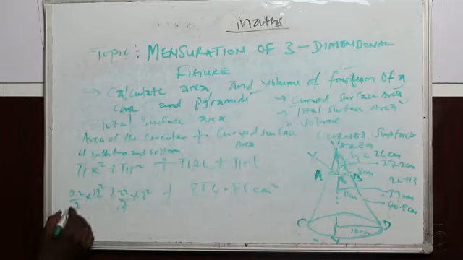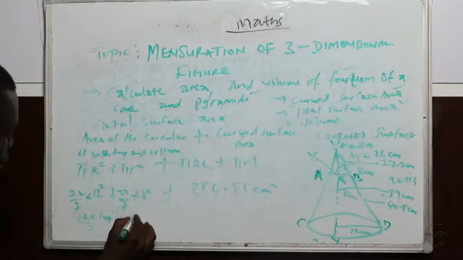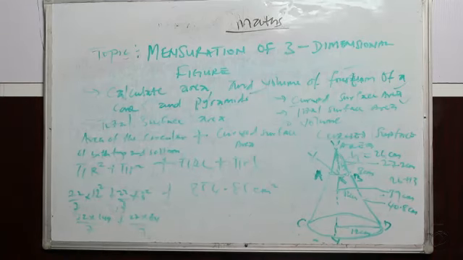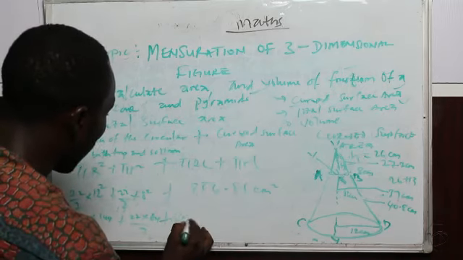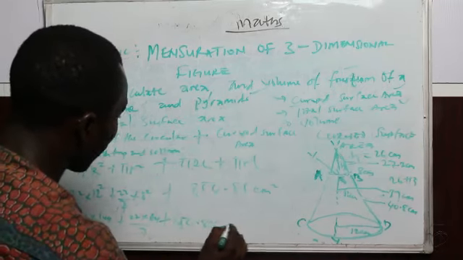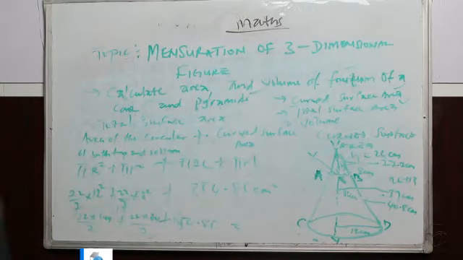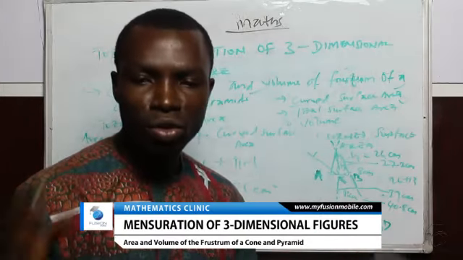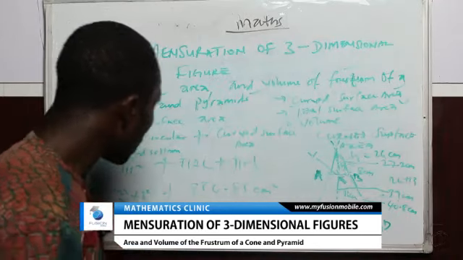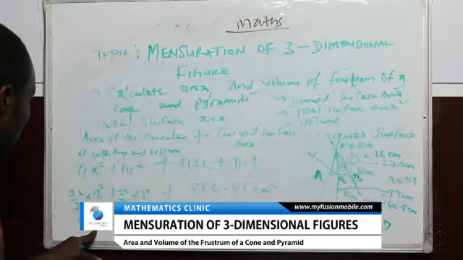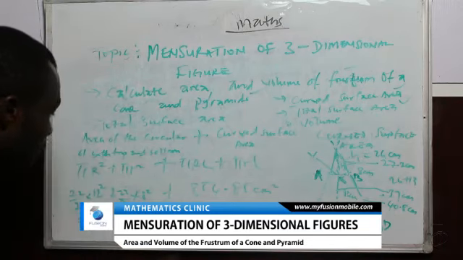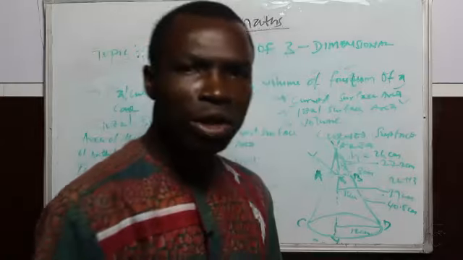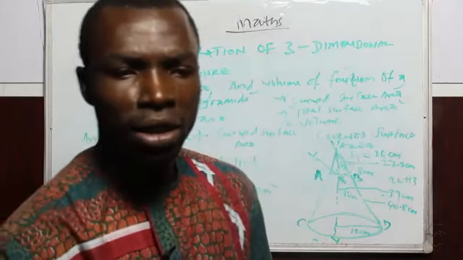Now, you are going to write 22 times 144/7 plus 22 times 64/7, then add it to the curved surface area, 854.85. The total will give us the total surface area.